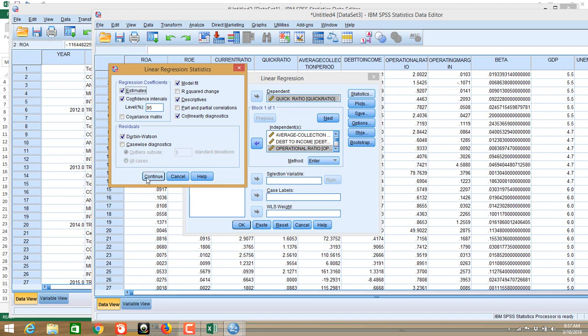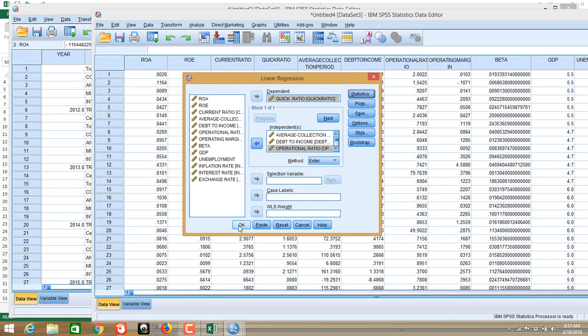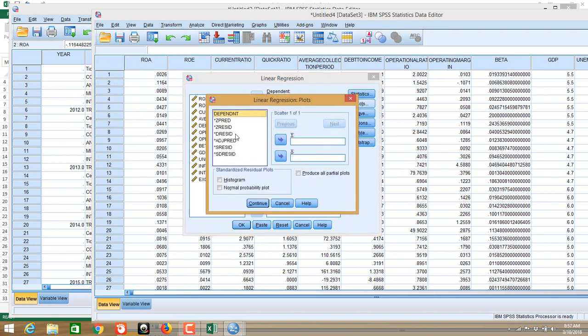Okay, now we continue, and then you go to plot. In the plot you choose ZRESID in the y-axis, ZPRED in the x-axis, and then you also go for histogram and normal probability plot.